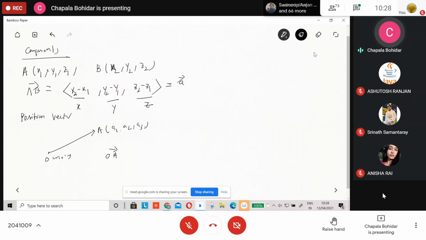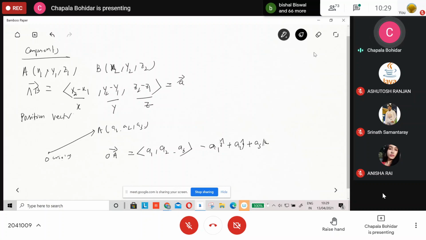That is the point here, A1 minus 0, origin means A1 minus 0, it is our A1, same A2 and A3. But you have to write it in vector form. You can say it is A1 i cap, A2 j cap plus A3 k cap in three-dimensional.